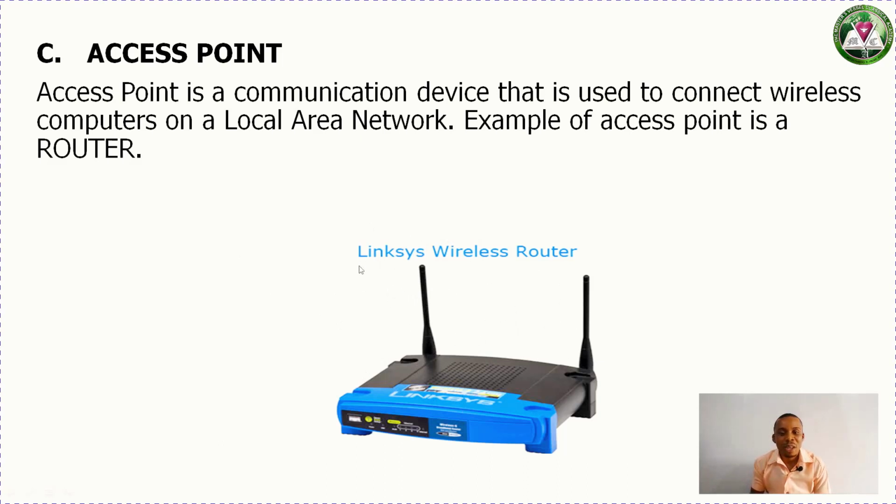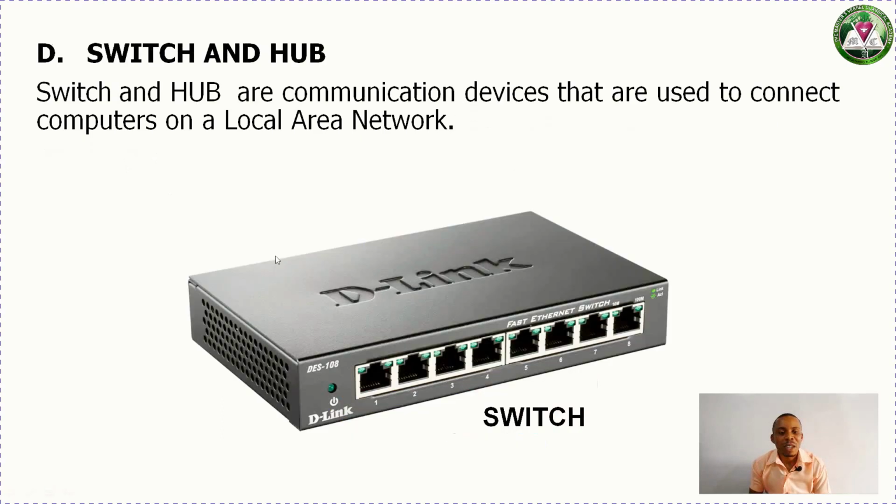Okay, let's move over to the next one, which is the hub and the switch. We say that they are communication devices that are used to connect computers on a local area network. So all these devices, you can see how they are being classified into their groups.